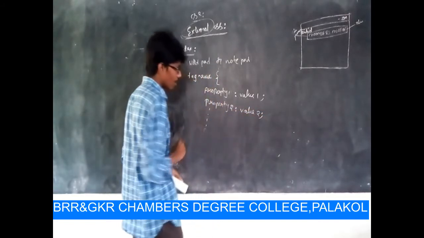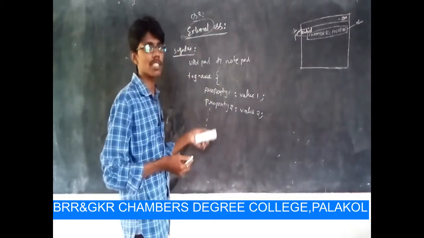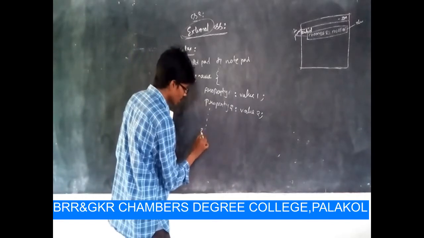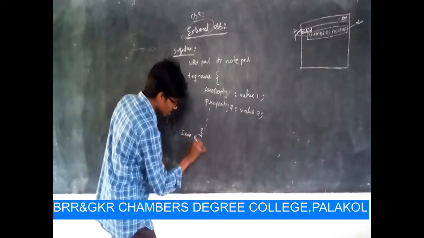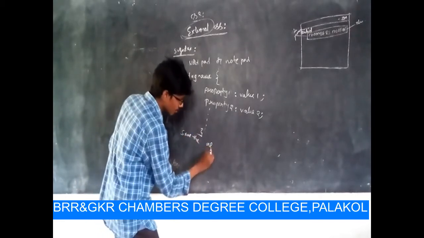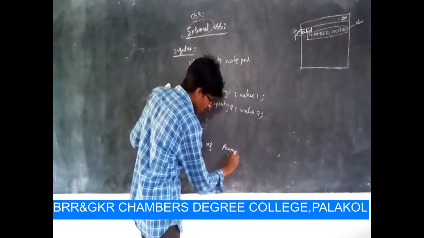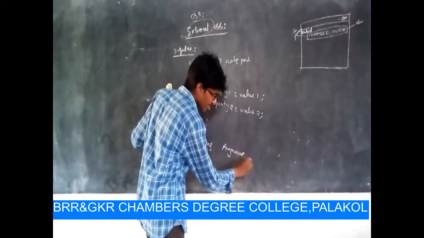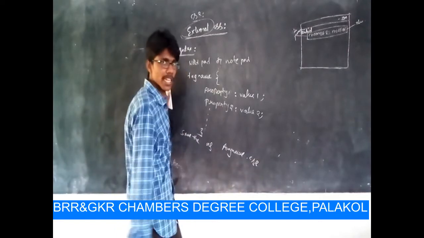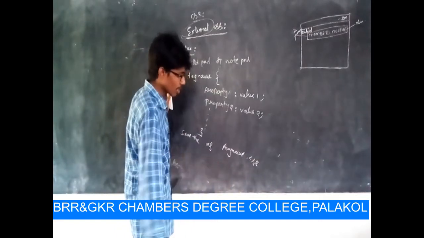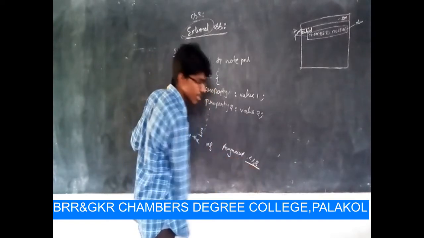After completing the properties and their values, save the document with any name, dot CSS. You can select any location on the computer and save it as any name with the extension dot CSS.